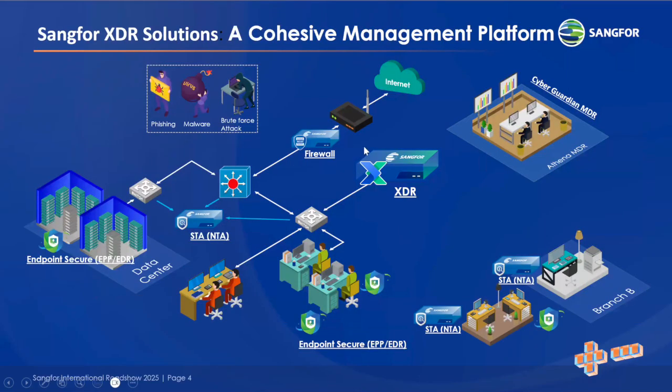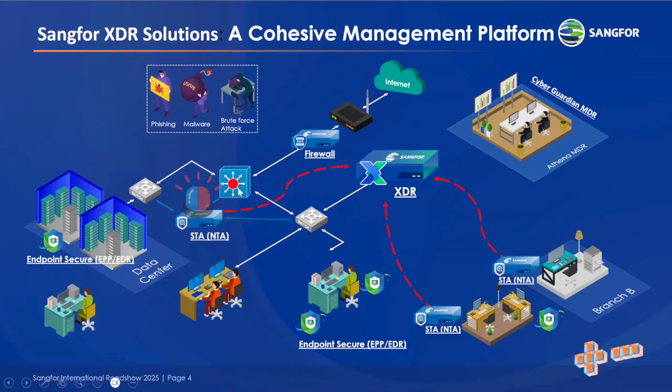So here is the typical topology, and you can see if there is a Trojan already residing in the office zone and it is trying to do lateral movement to the data center zone, with our NDR it can be very easy to collect the traffic, because our NDR is deployed connected to the core switch, and all the traffic going through the core switch is mirrored to our NDR.